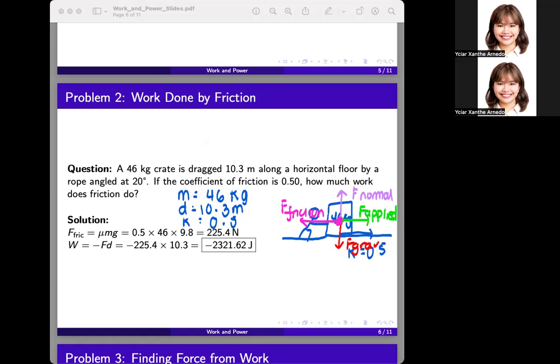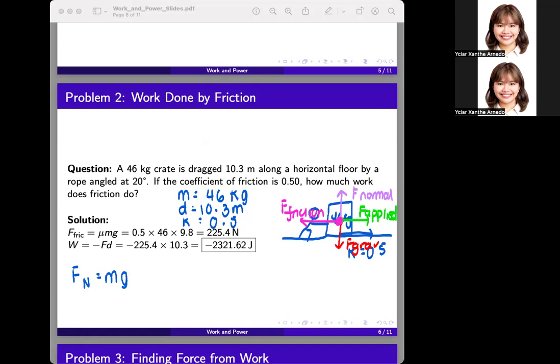In this problem, the magnitude of the frictional force is given by F fric equals mu multiplied by N, where mu is the coefficient of friction and N is the normal force. So in our problem, the normal force is equal to the gravitational force, and that's given by F N equals mg, where m is the object's mass and g is the acceleration due to gravity.